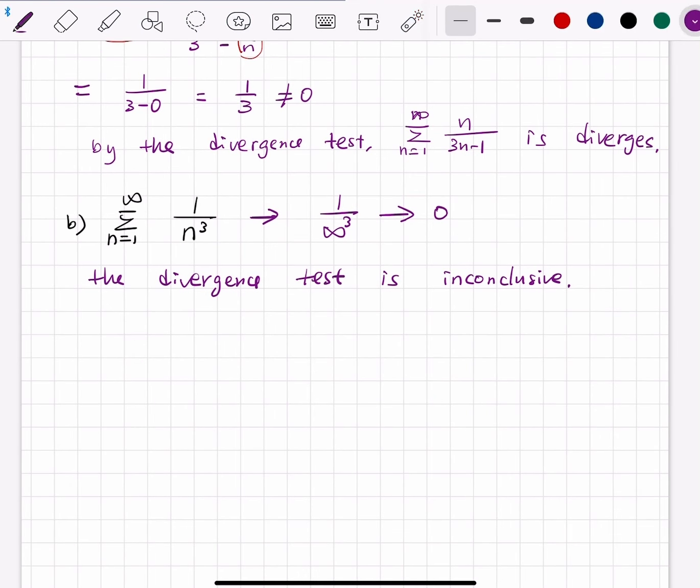Now the third problem we have is the summation n equal to 1 to infinity of e to the 1 over n squared.